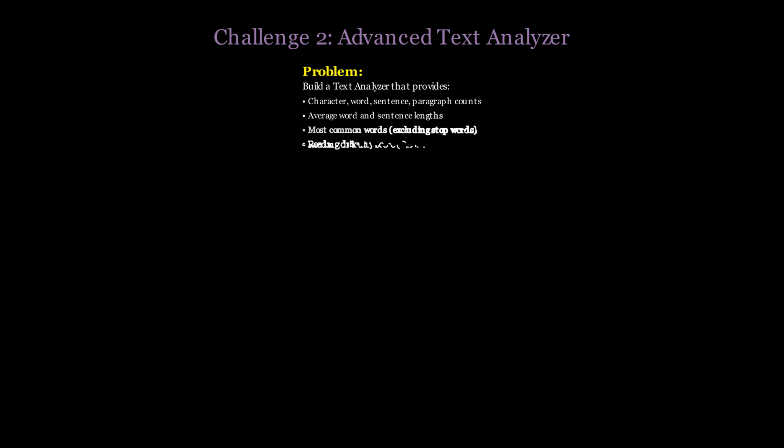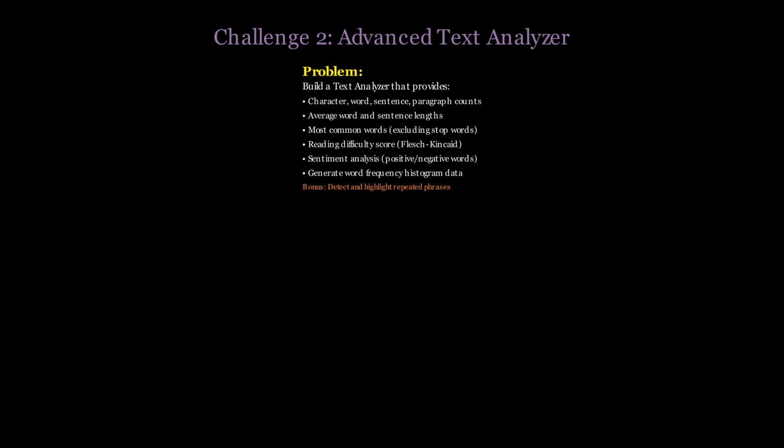Challenge 2. Build an advanced text analyzer that provides comprehensive statistics and insights about text data. This tests string processing, algorithms, and data analysis skills. Build a comprehensive text analyzer. Count characters, words, sentences, and paragraphs. Calculate average word and sentence lengths for readability analysis.